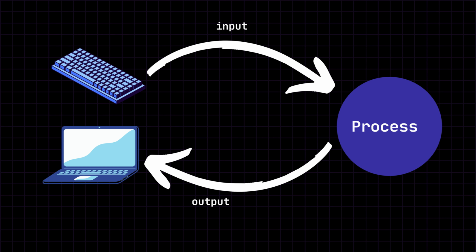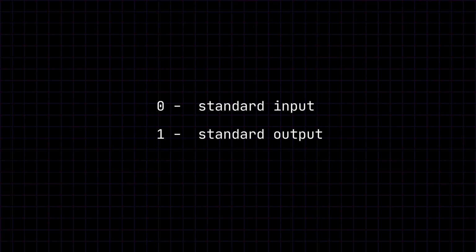Lastly, standard error. This is where error messages go if something goes wrong during execution. Like in our case, we were denied access to directories that require higher privilege. And each of these standard streams is represented by a number. 0 stands for standard input, 1 stands for standard output, and 2 stands for standard error.